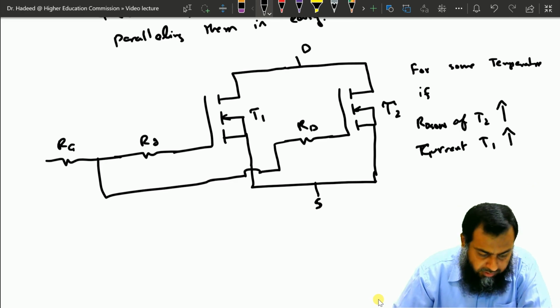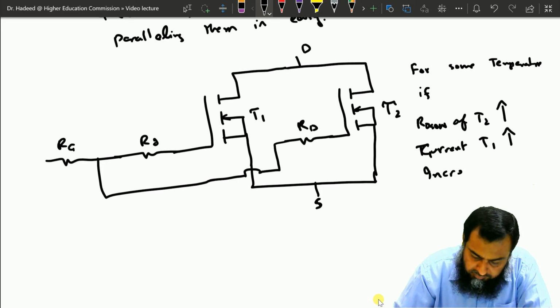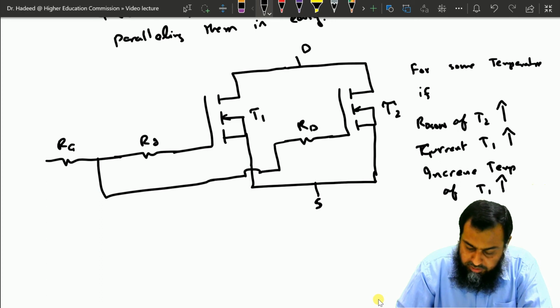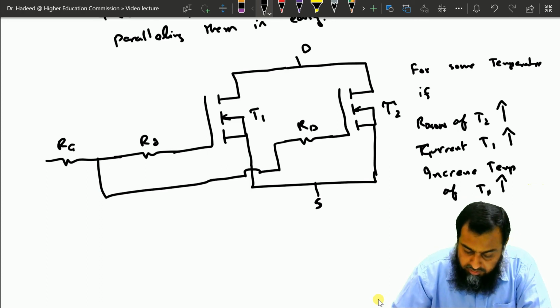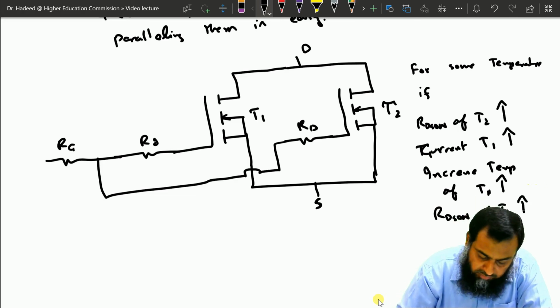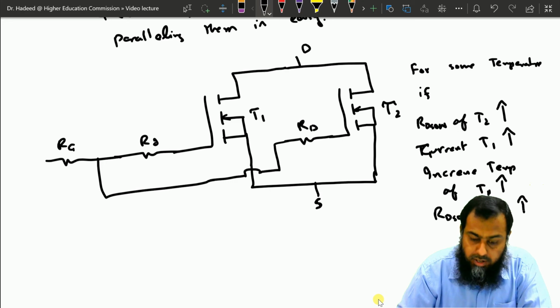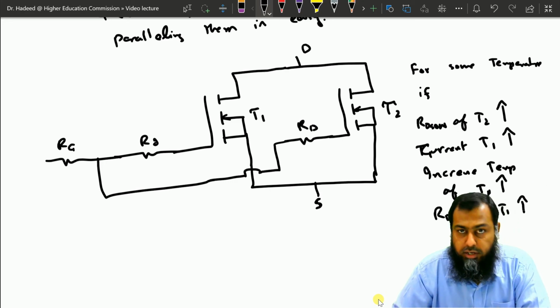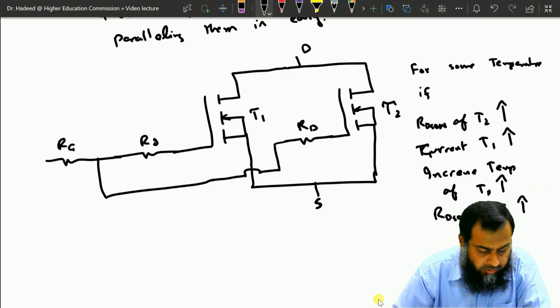When the current of T1 rises, this will increase the temperature of transistor T1. When the temperature of T1 rises, the RDS on of T1 shall also rise. This will decrease the current flowing through T1, and more current shall be diverted to transistor T2.